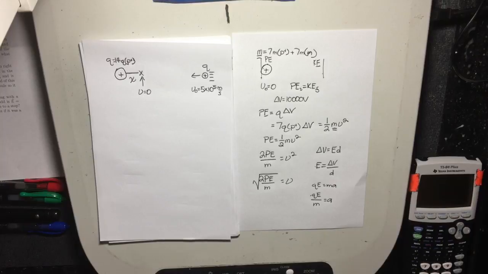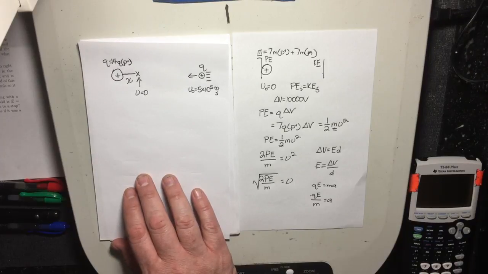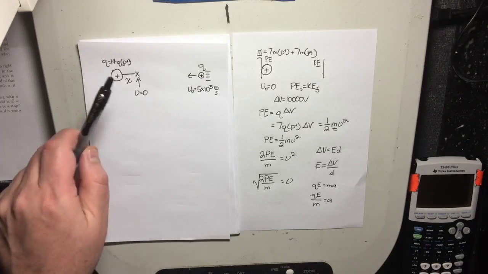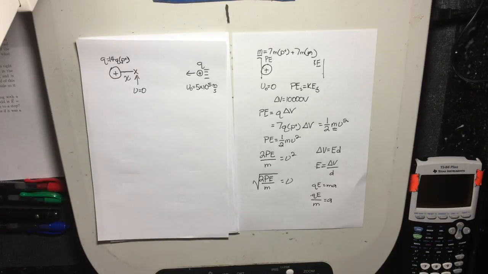Is the charge for this one the same as the charge for the one before? Yes. This one is the same as this one. So this is a conservation of energy problem. The kinetic energy of this particle is being converted into potential energy by it being within proximity of the nucleus.